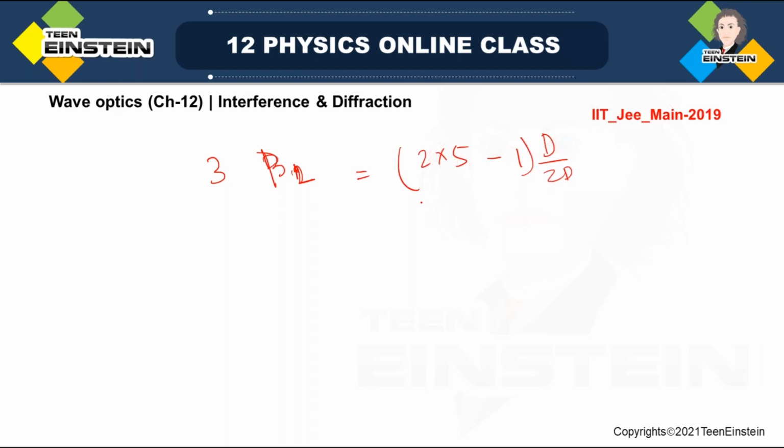So these are the two things, and this is also beta 1.